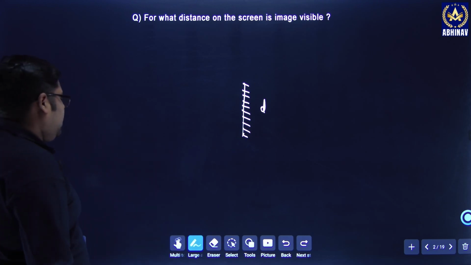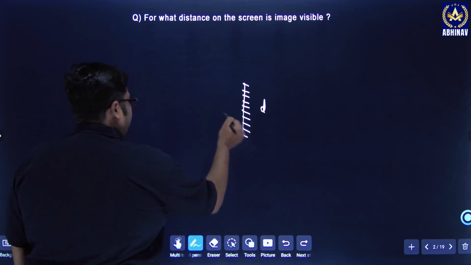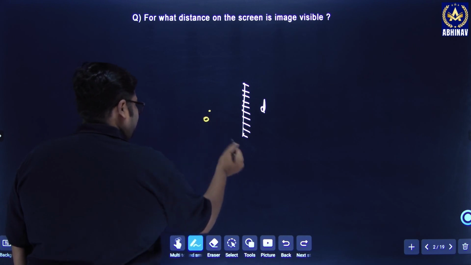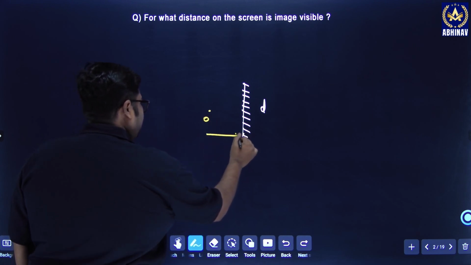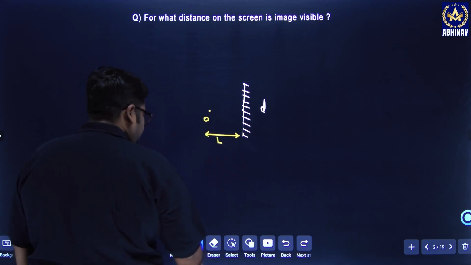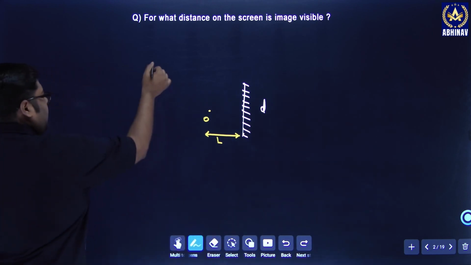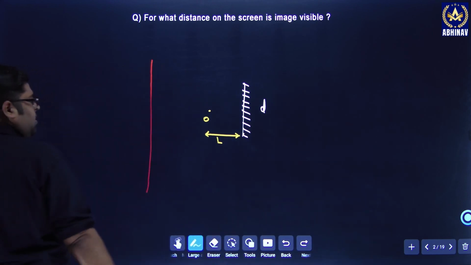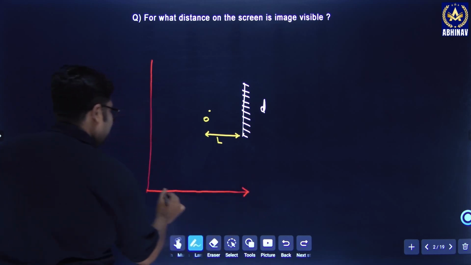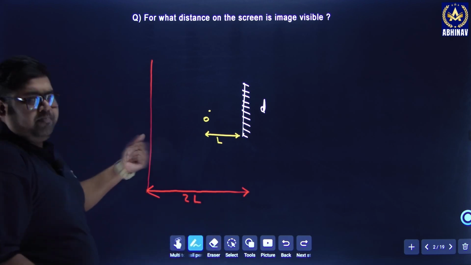Now an object is kept at a distance L from the mirror, and we have a screen which is at twice the distance, that is 2L, from the plane mirror.